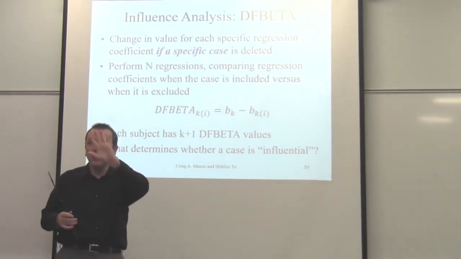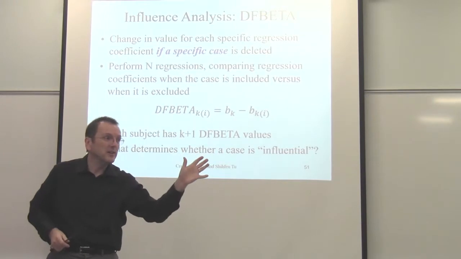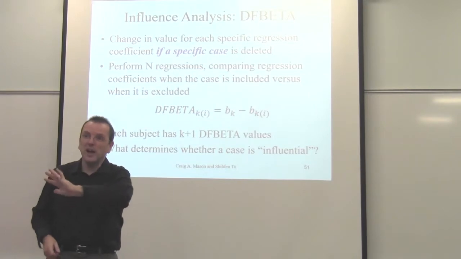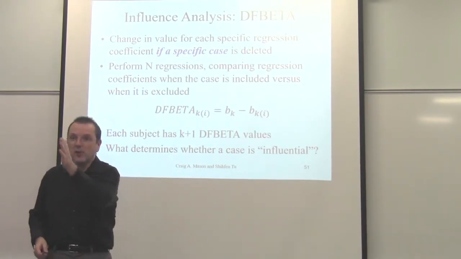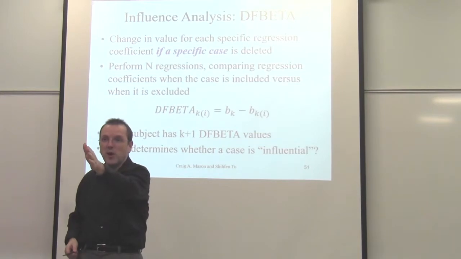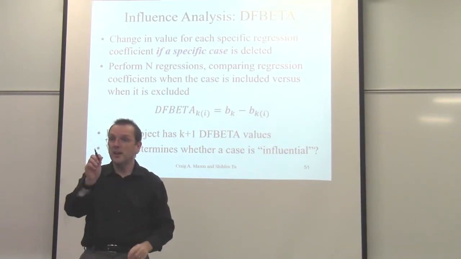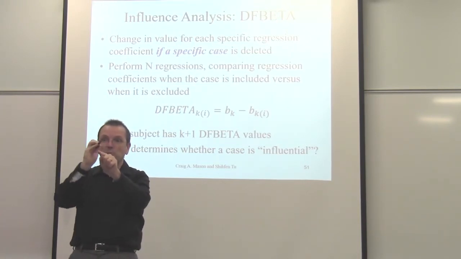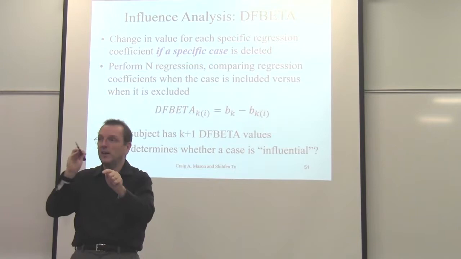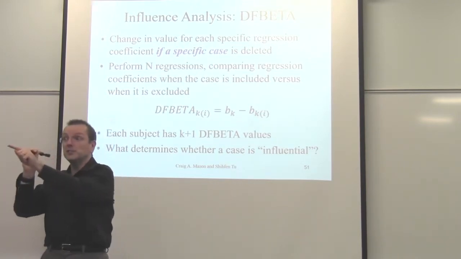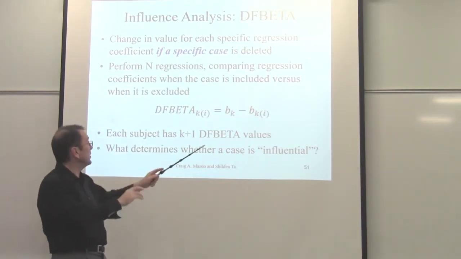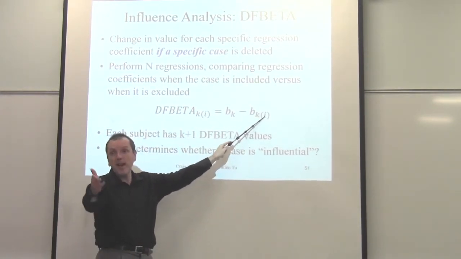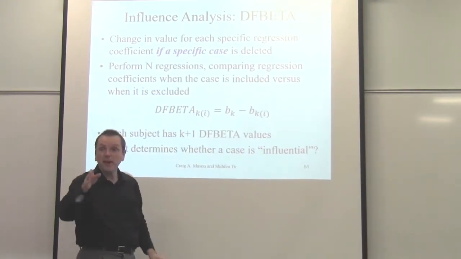So if you got 100 subjects, the computer performs 100 multiple regressions, and for each regression, it says, okay, I'm dropping Kavanaugh, and I'm going to look at what happens to each regression coefficient when I drop Kavanaugh, and that's going to be the DFBETA. For the intercept, how much did the intercept change? So it looks at the original intercept, and then the intercept when we've dropped Kavanaugh. And that's the DFBETA for the intercept.